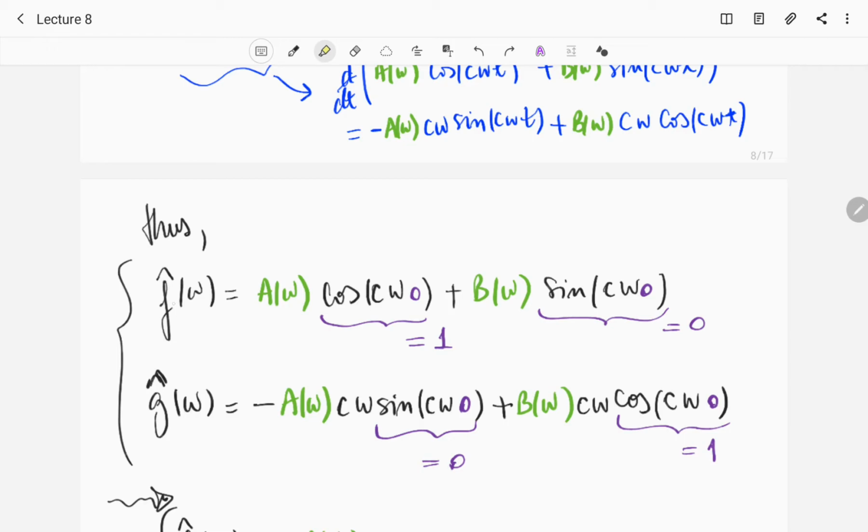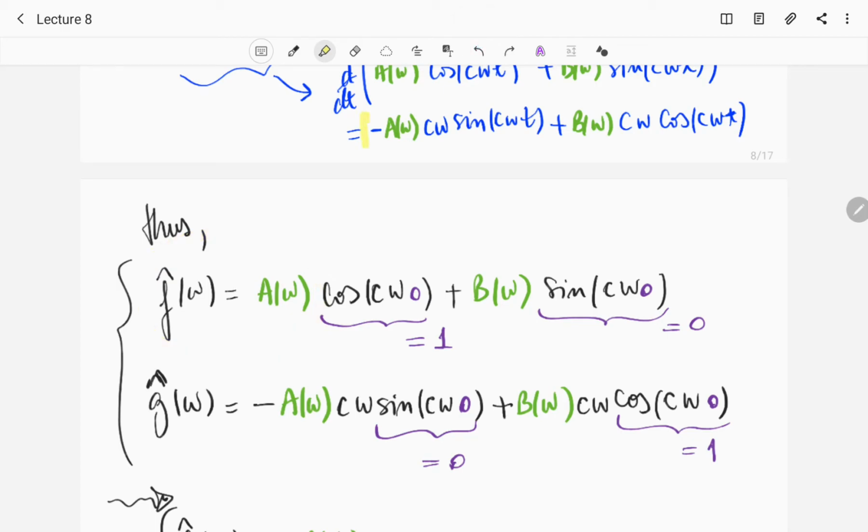So the Fourier transform of f in omega should be equal to the solution at t equal to 0. So this dies and this is equal to 1. So we already know that A of omega is equal to the Fourier transform of f.